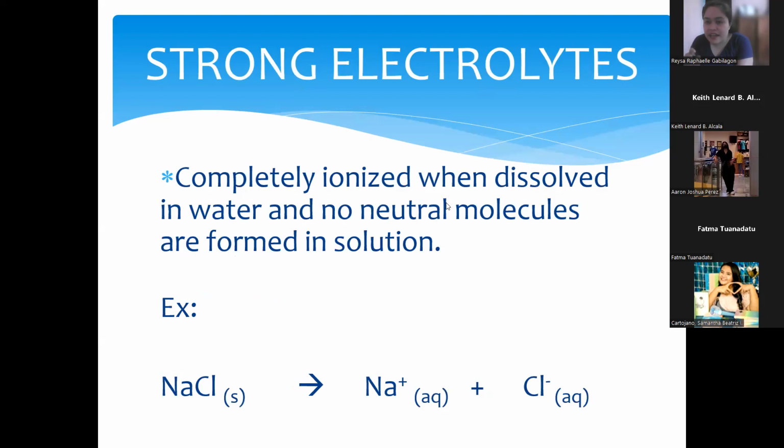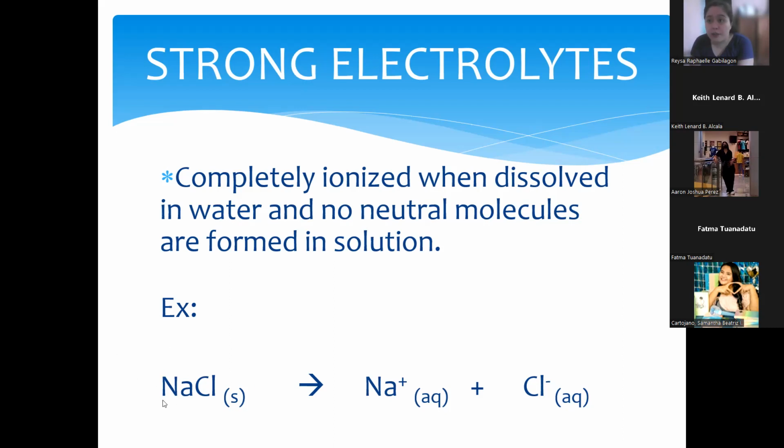Now, let us classify our electrolytes. We have strong electrolytes and weak electrolytes. Pag sinabing strong electrolytes, class, they completely ionize when dissolved in water and walang maiiwan na neutral molecules. When you say neutral, walang charge. So kagaya ng sodium chloride, wala ito siyang charge.